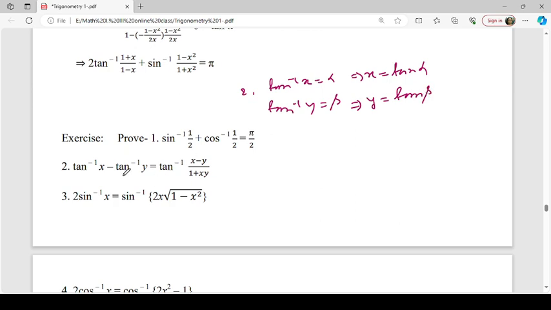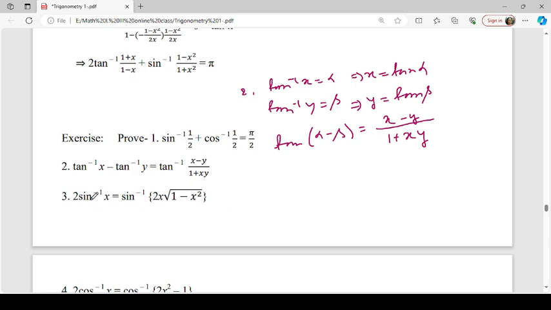So this is alpha minus beta, so we write tan of alpha minus beta. Tan of alpha minus beta is tan alpha minus tan beta, so tan alpha is x, tan beta is y, then 1 plus tan alpha tan beta, xy. So alpha minus beta is tan inverse of x minus y, so in place of alpha we write tan inverse x, this is tan inverse y, so we have this.